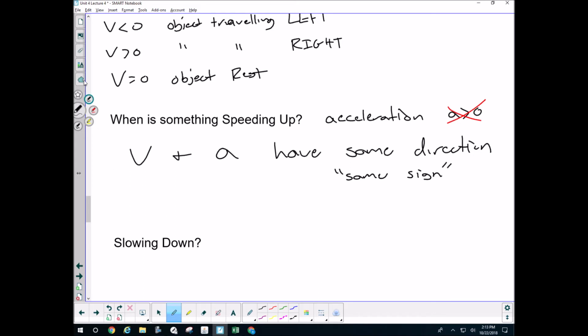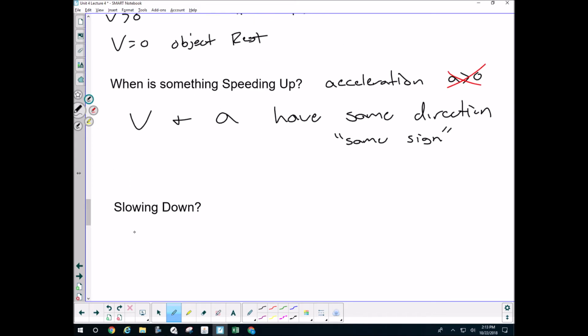When is an object slowing down? When the velocity and acceleration have opposite signs, or have opposite directions.